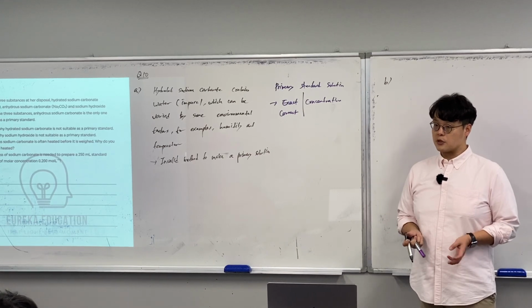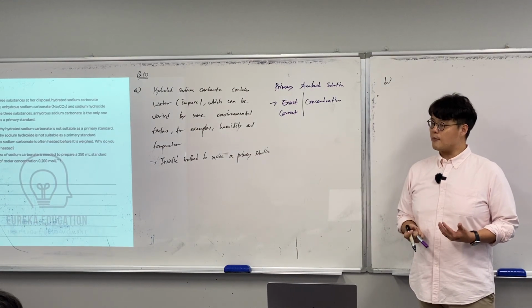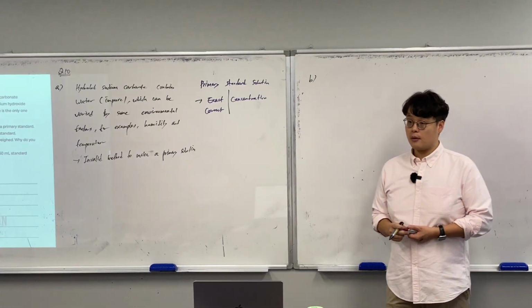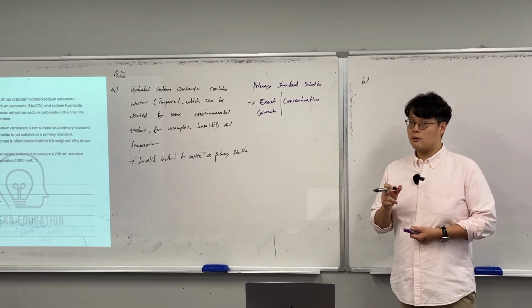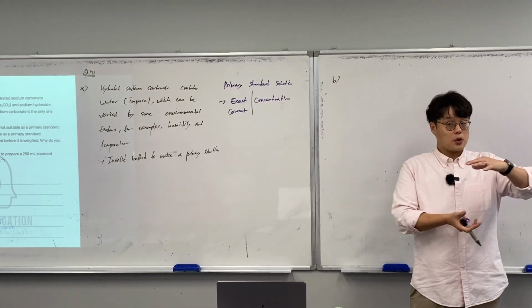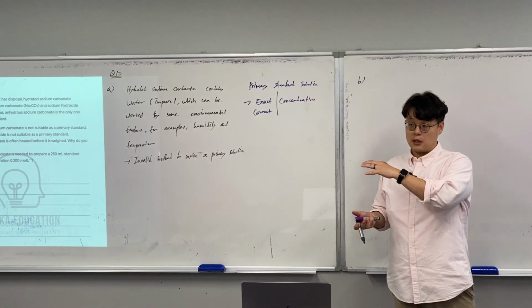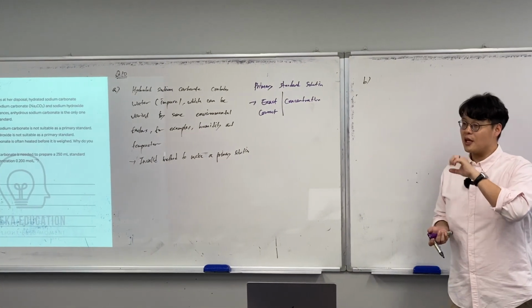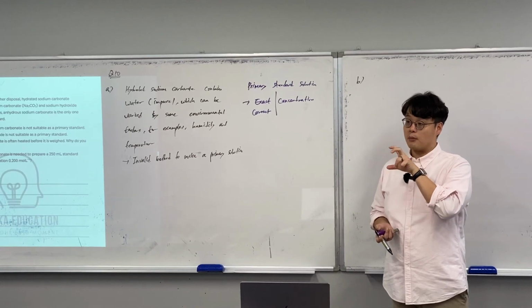We made NaOH solutions. How do we make the standard sodium hydroxide solution? Before that, did we use a concentrated solution or the powder of the sodium hydroxide? We didn't use the powder. We used the concentrated 1 molar sodium hydroxide.